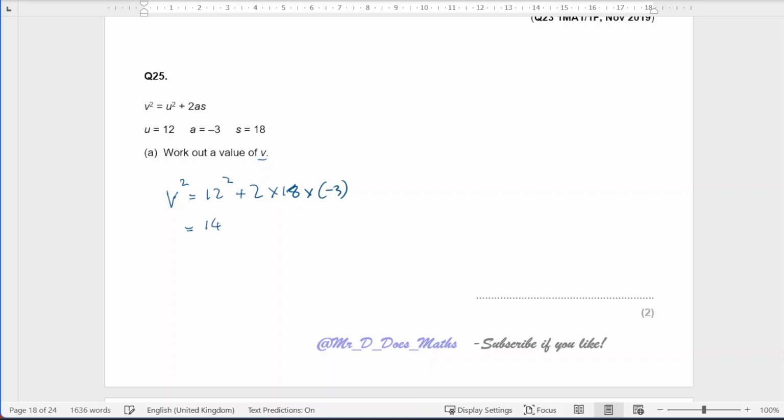So that's going to be 144 plus, and I'm going to do this, plus 2 times by minus 18 times by 3. 18 times 3 is 54. So 2 times 54 is 108. So this is 144 minus 108.